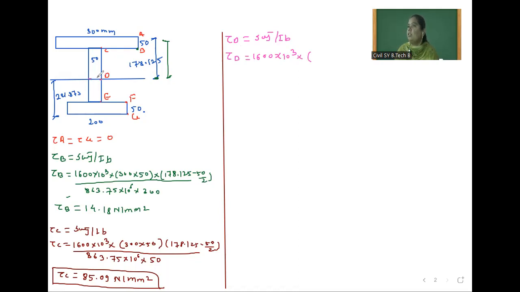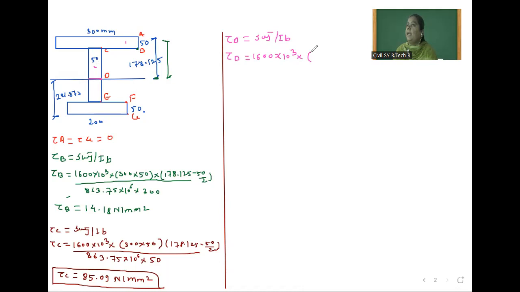So above this D point, we have to consider area. So here two strips will be there. This is first and this is second. For first strip, we will write this as it is, and for second strip we have to calculate.